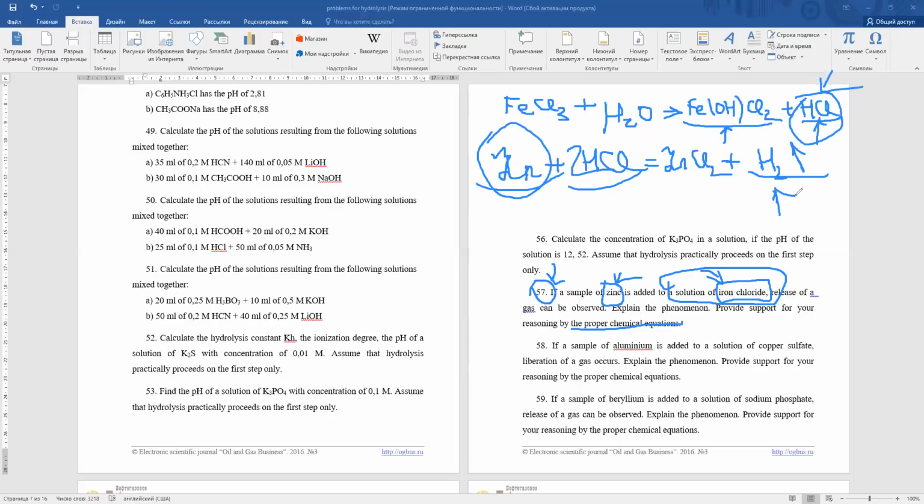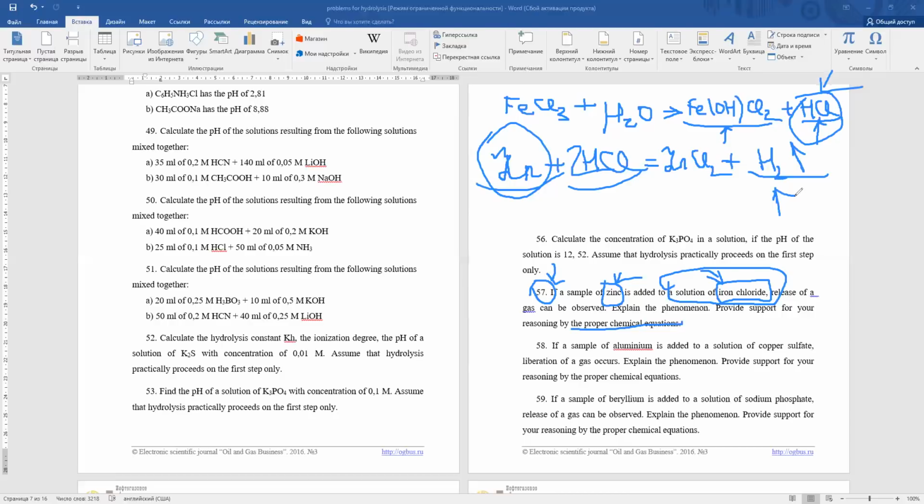Okay. This hydrogen chloride acid can react with zinc, and one of the products of this reaction is hydrogen gas. Okay.